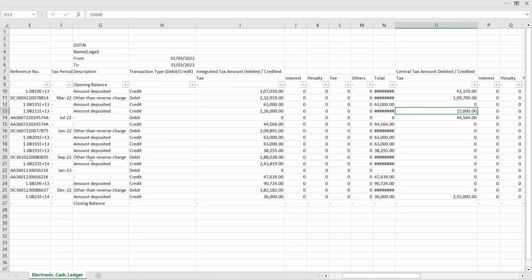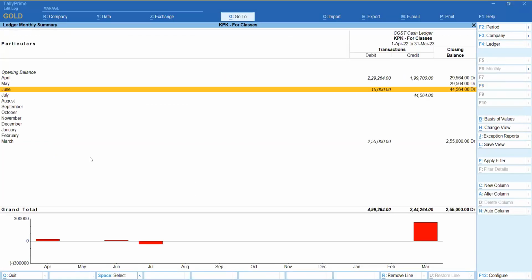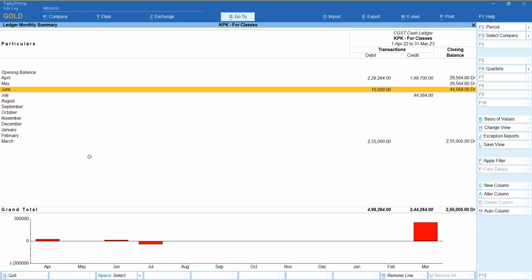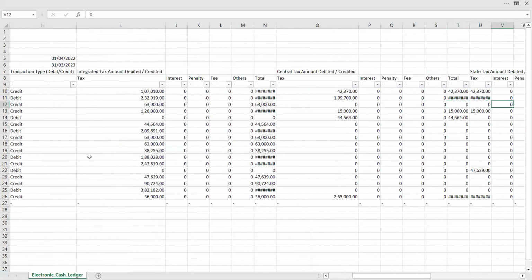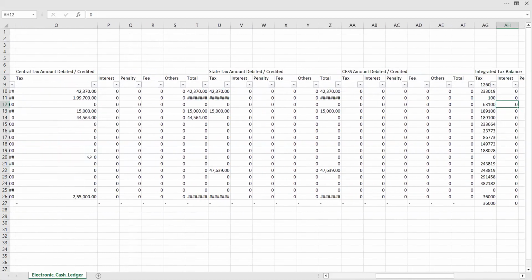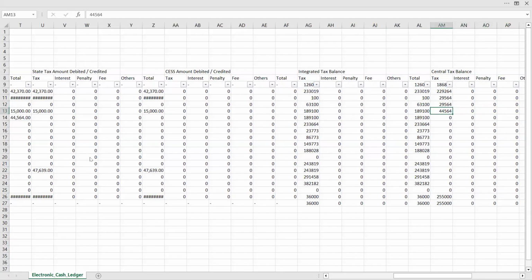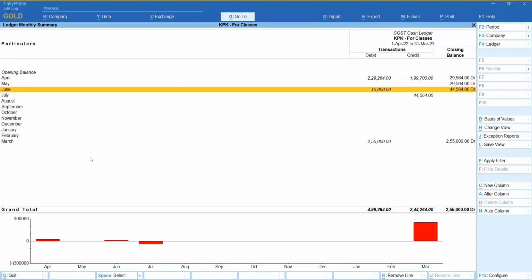This is the entry which we have taken, 15,000. Then we are utilizing that money in the subsequent period. Opening balance, whatever the balance, if you see here, there was a balance of 44,564. You are able to see 44,564 in Tally also in June.